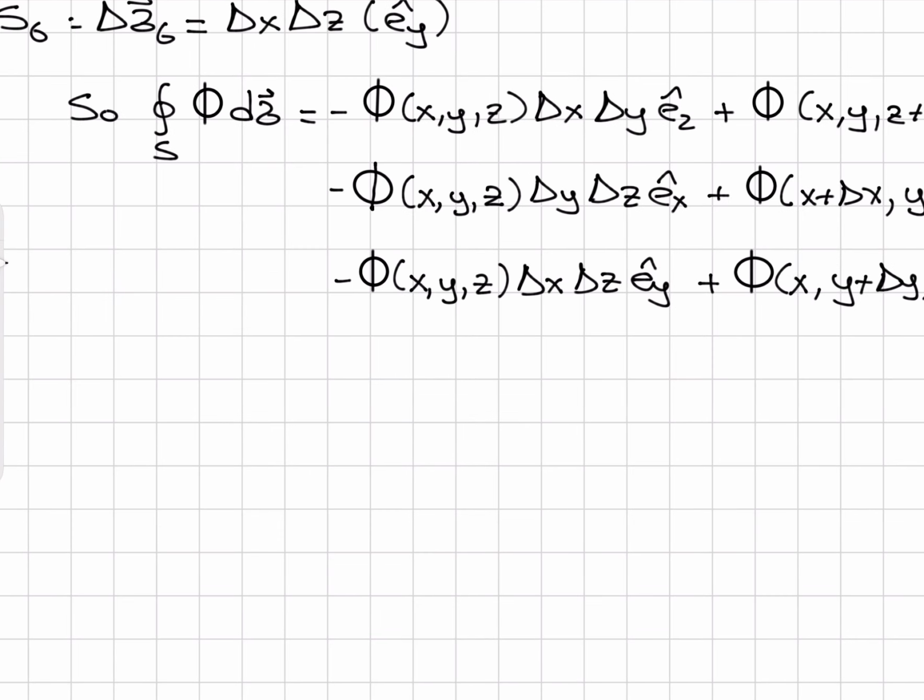On the other hand, what is the volume integral d tau? It is delta x, delta y, and delta z. That's the volume of the cube.